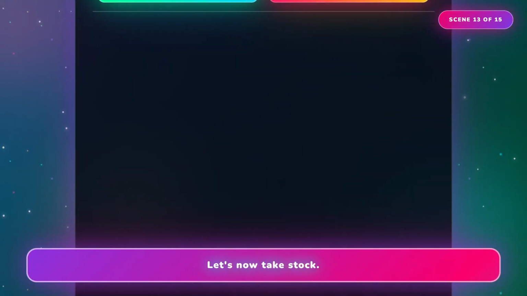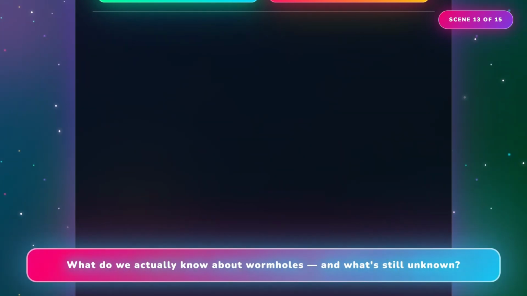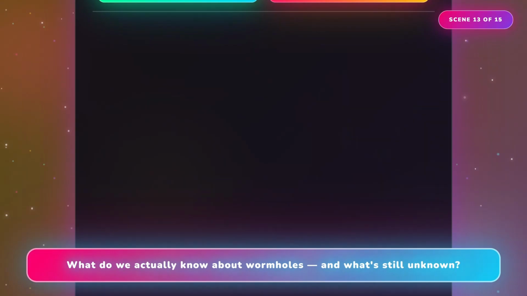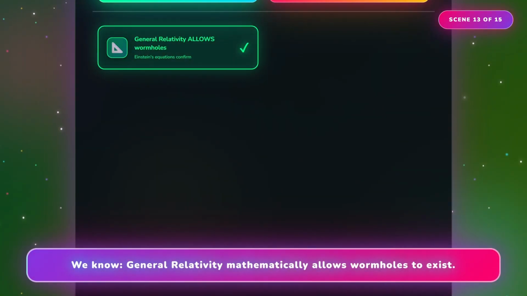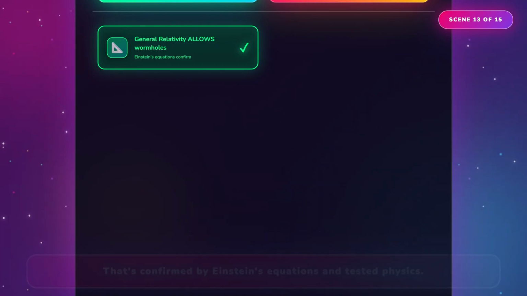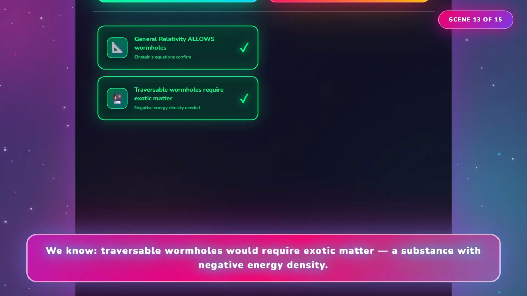Let's now take stock. What do we actually know about wormholes, and what's still unknown? We know general relativity mathematically allows wormholes to exist. That's confirmed by Einstein's equations and tested physics. We know traversable wormholes would require exotic matter, a substance with negative energy density.